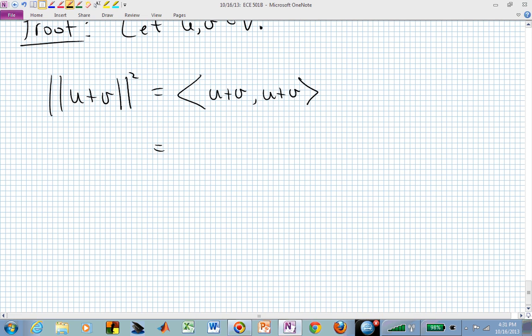The first piece, let's say, is U with U. Then maybe we're doing FOIL here. Anyway, let's do the v with v. And then we can have the other two terms. We have u with v, and we have then v with u.